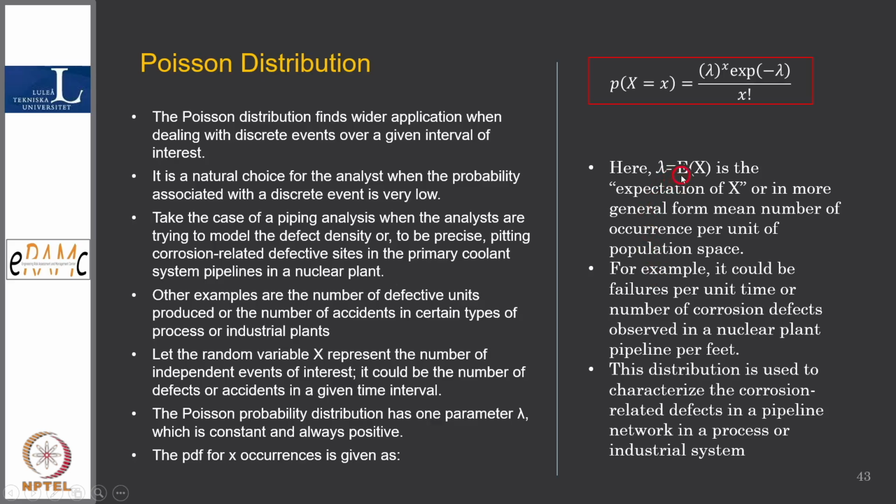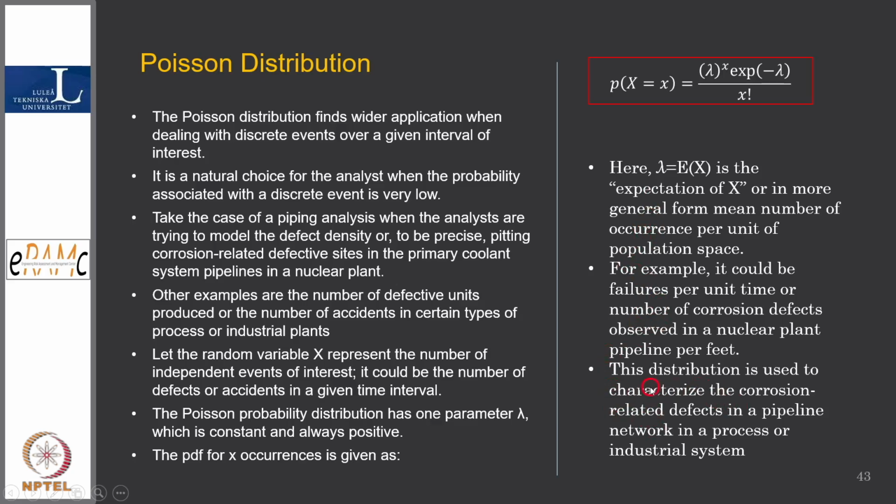It is written in terms of the expectation of x. This expectation term is used a lot in statistics. Sometimes we equate it with lambda. Here it is with the event. It could be failures per unit time or the number of corrosion defects in a nuclear plant per foot. So the unit could be anything, but what is more important is the event we are focusing on, whether it is a defect, the entry rate of buses, or retrofit modeling.